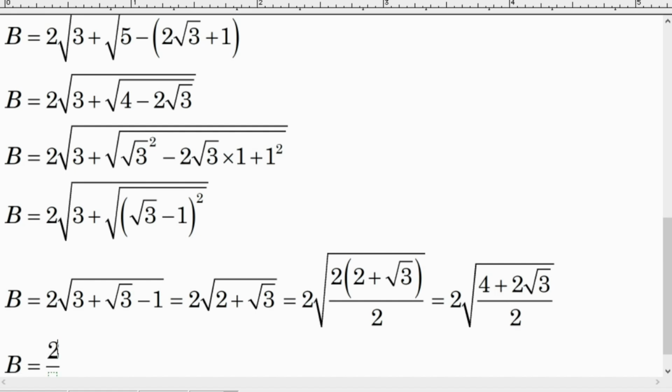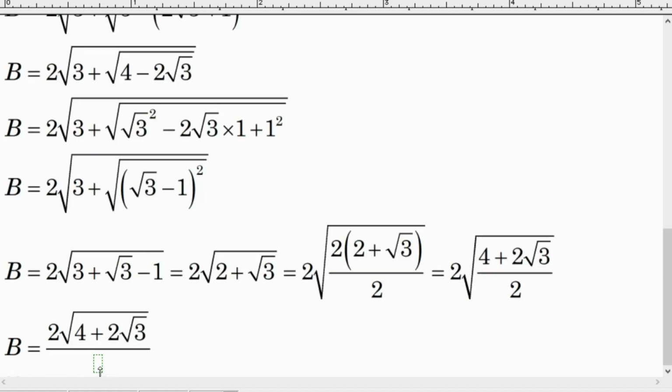What we will get, we get 2, okay, and then divide by square root of 2. Alright, now as we can see here, we have 4 plus 2 square root of 3, and then here we have 4 minus 2 square root of 3. The difference between this number and this number is just the sign. This one we have positive sign and this one we have negative sign. But for this one, it gives us that square root of 3 minus 1 all raised to square.